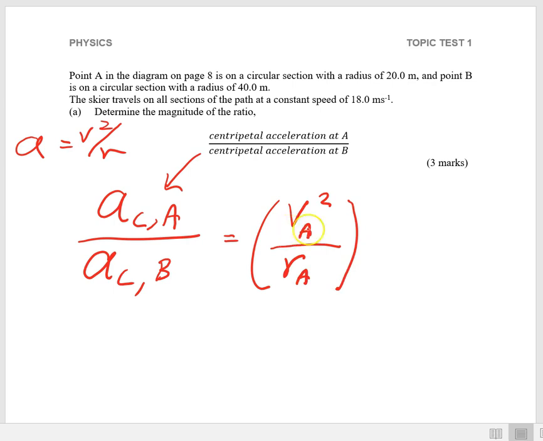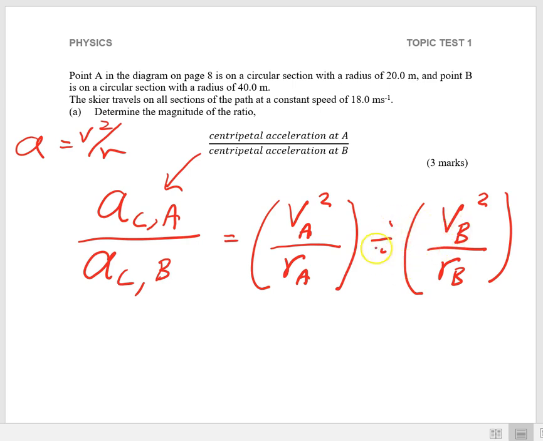So this is the term for the numerator. I have to divide by another one, the a_c for position B. Basically, it's the same formula, just that I put in subscript B. This is V_B squared over R subscript B. So it is divide.